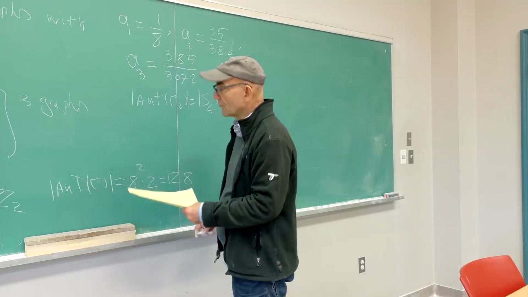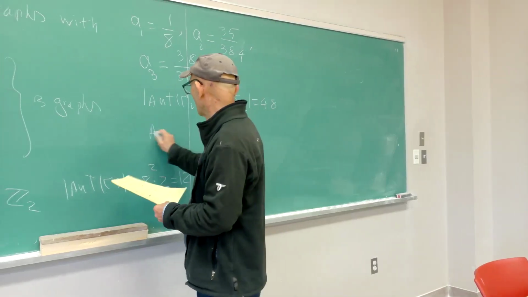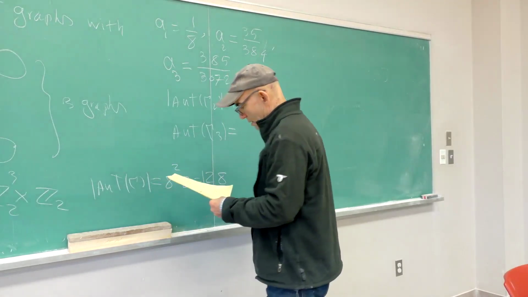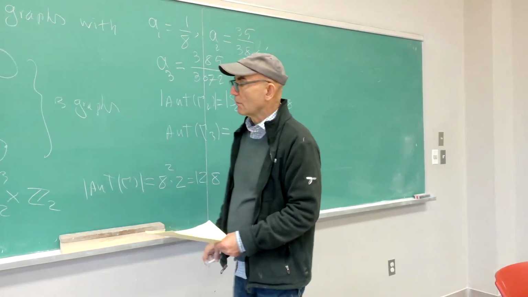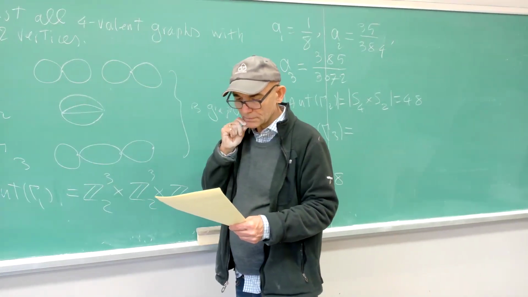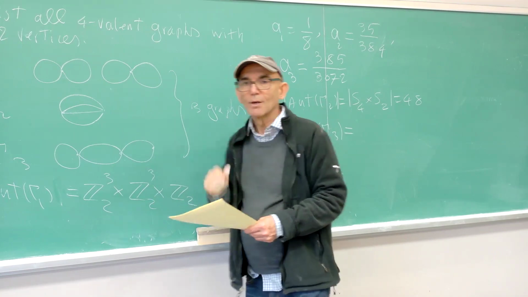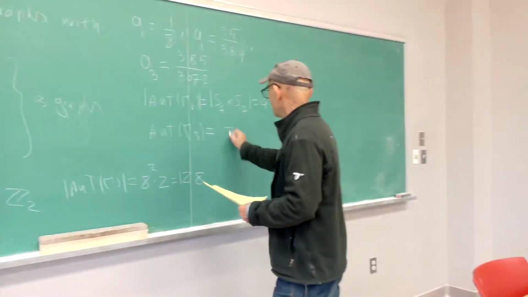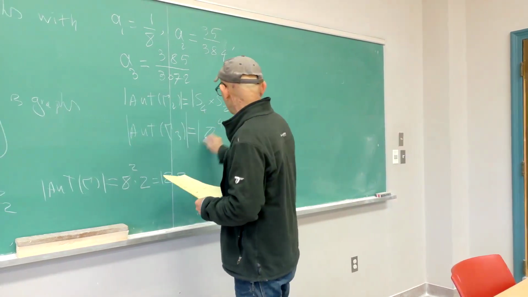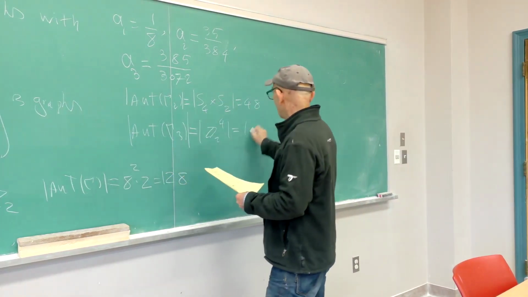And automorphisms of gamma 3, this is 2 to the power 4. Okay, so let me write it. So its order then is 16.